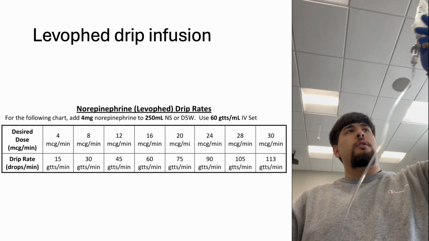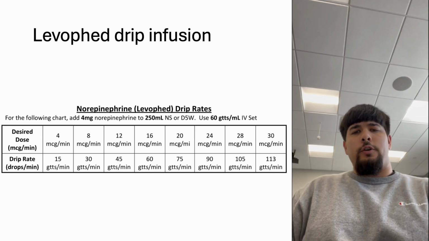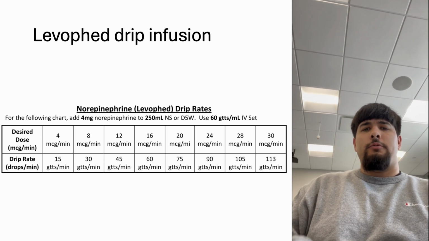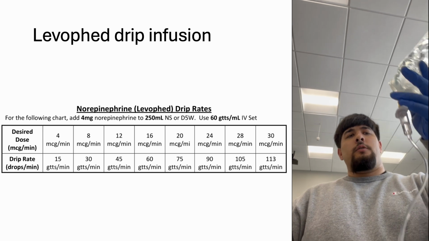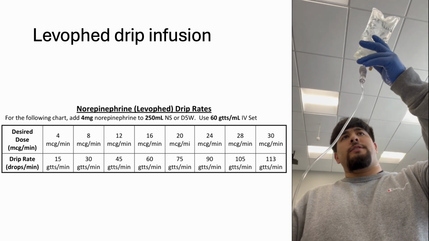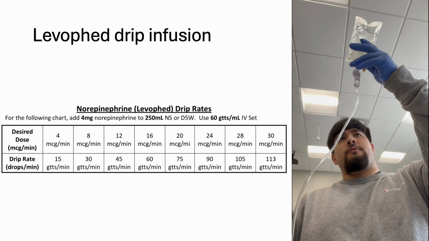So we're going to go ahead and do 8 micrograms a minute. I'll put the chart up that I use, so that's about 30 drops a minute. So we're looking at a drop every other second about. 1, 2.